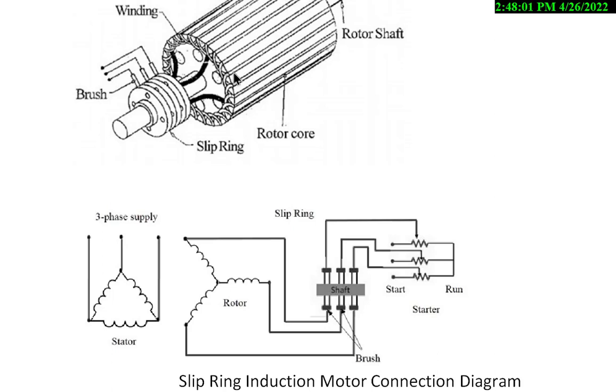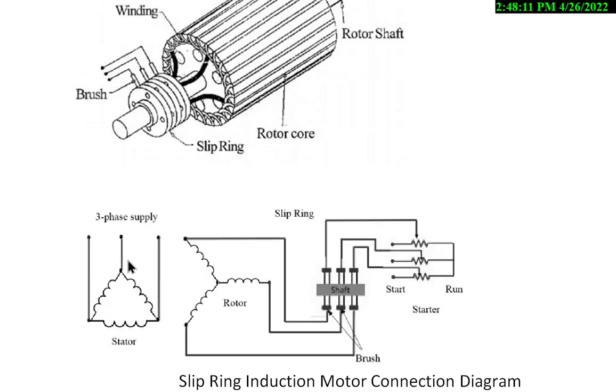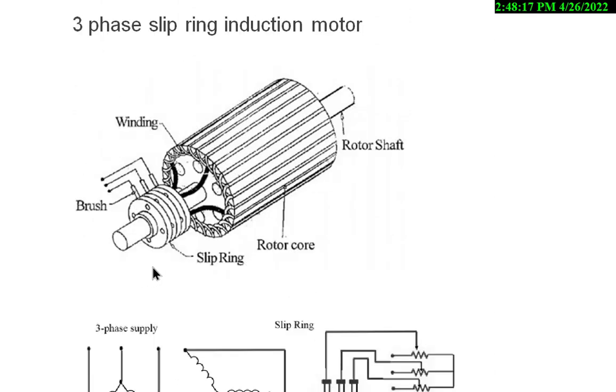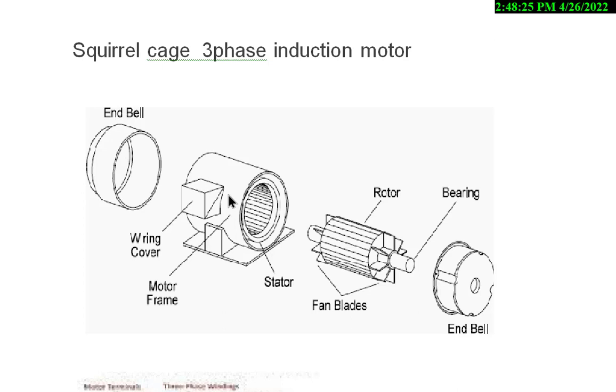Once this motor is drawn in the form of a circuit, it appears like this. This is the stator. This stator and the squirrel cage induction motor stator will appear the same.